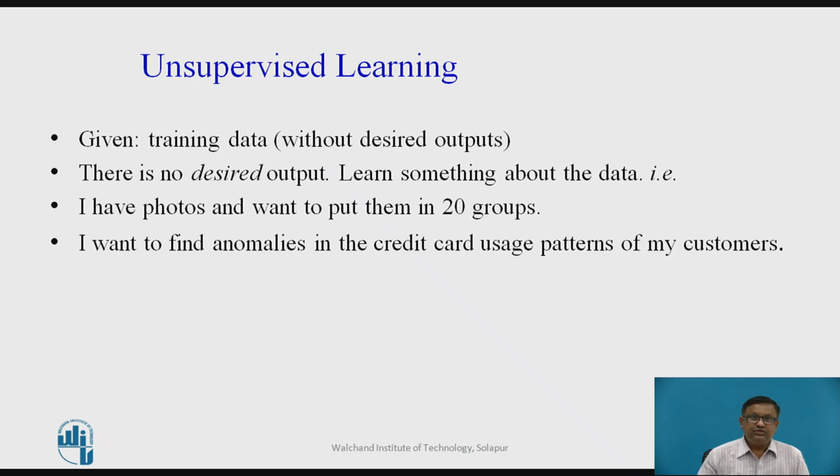But in unsupervised learning, the input is training data but without desired output. Earlier, in supervised learning, the desired output was given with labels, but here it is not given. So there is no desired output in unsupervised learning, and the machine learns something from the data itself.